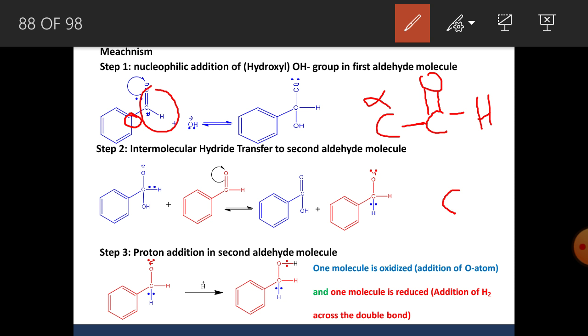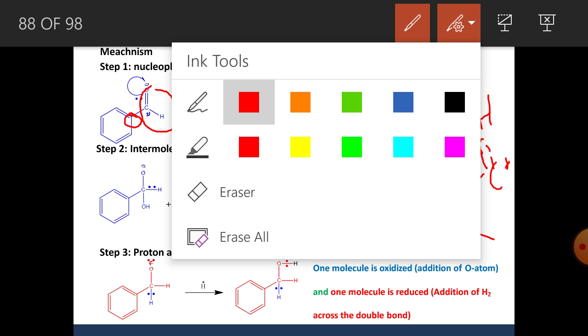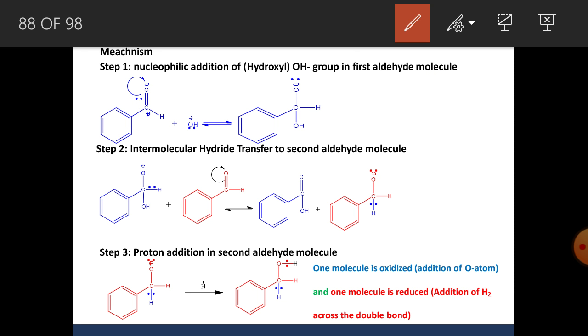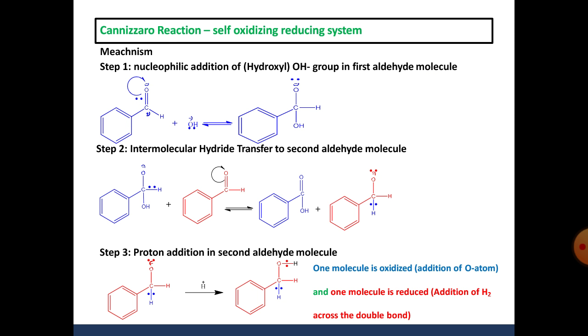When you see this structure, there is a C double bond here, one carbon here, and here there is CHO. So you can see the valency is already 4 and there is no hydrogen. So benzaldehyde is a good example of an aldehyde lacking alpha hydrogen.